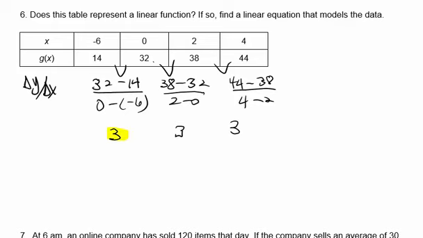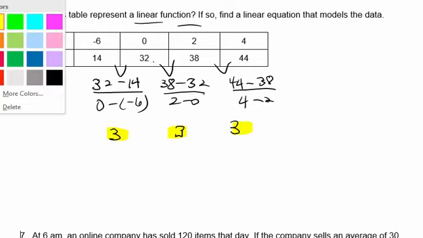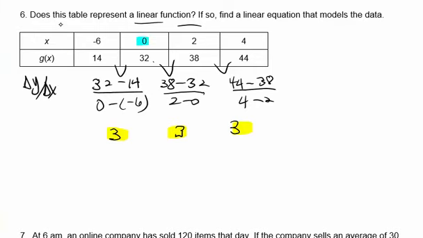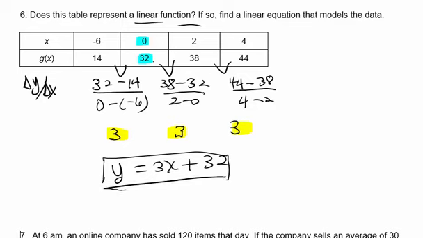Okay, because the rate of change is constant, this data does represent a linear function with a slope of 3. Okay, and we also know the y-intercept, thankfully, from the table. Okay, so when x is 0, y is 32. So an equation of this line is y equals 3x plus 32.